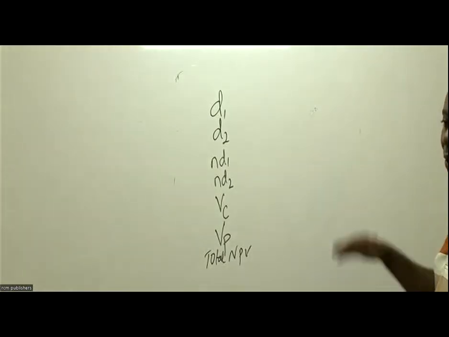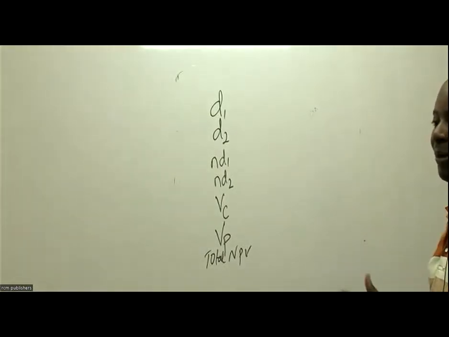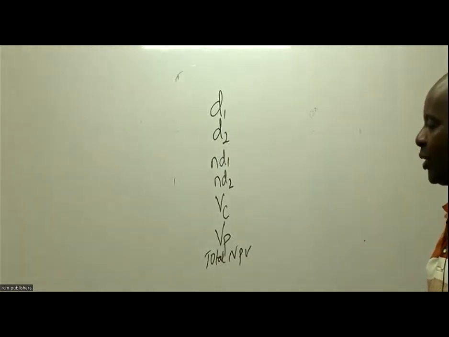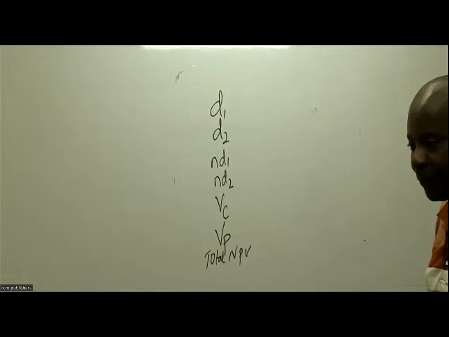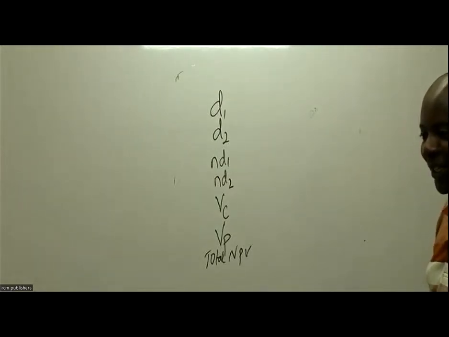So those are the steps that you will have to follow. Quite lengthy, but they are easy marks. Easy marks. Give us D1, D2, N(D1), N(D2), value of a call, value of a put, total net present value. Wow, great.